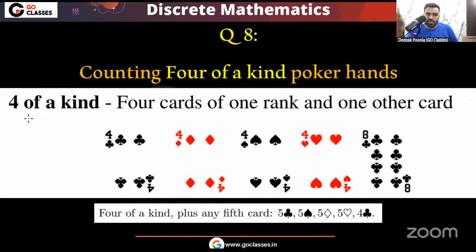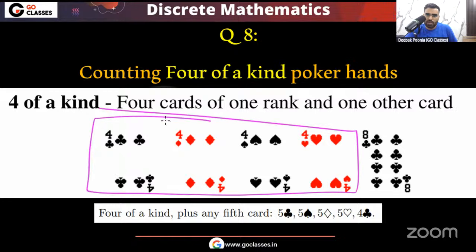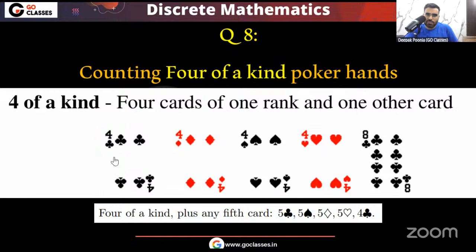Okay, so you can see here I want 4 of a kind, means out of 5 cards in total, 4 cards of one same value and one extra card, any extra card. Okay, so that is called 4 of a kind. Here in this example, you can see 4 cards of value 4 and one extra card, that can be anything.